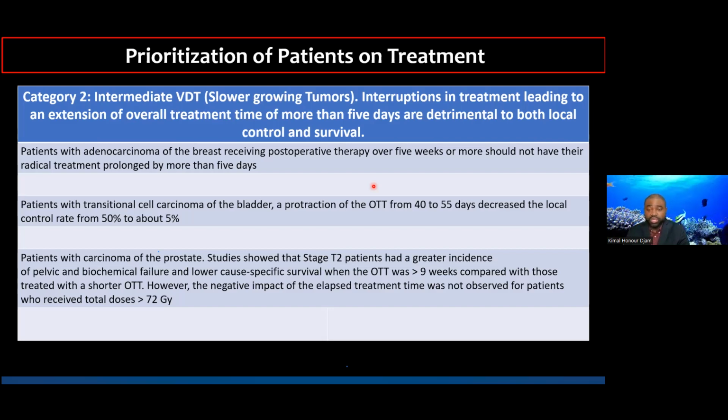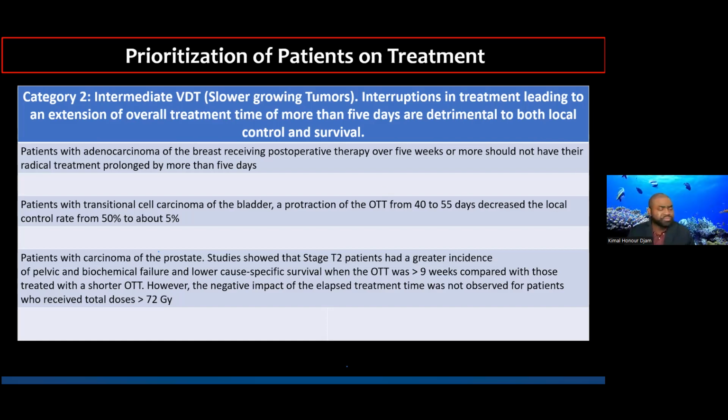And so they concluded that a gap of about 1 week for such cases was also an independent prognostic factor, and they used a multivariate analysis, producing an average decrease of about 5% in the 5-year local control rate.